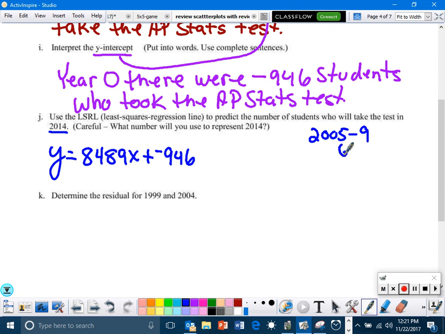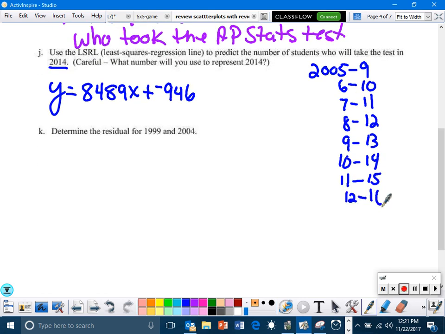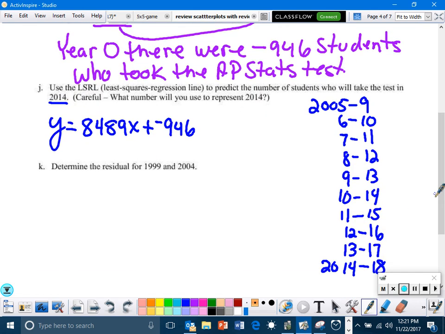That means 2006 was the number 10, 7 was 11, 8 was 12, 9 was 13, 10 was 14, 11 was 15, 12, 16, 13 was 17. Oh, 2014, we have to use the number 18 because that was 18 years later. So we're going to plug in an 18 into that equation for x.